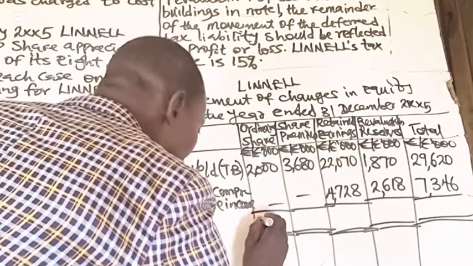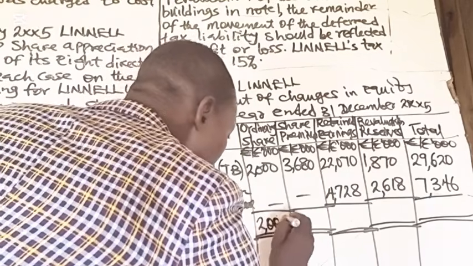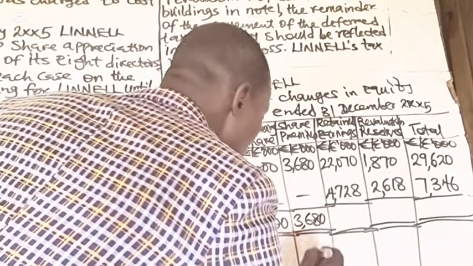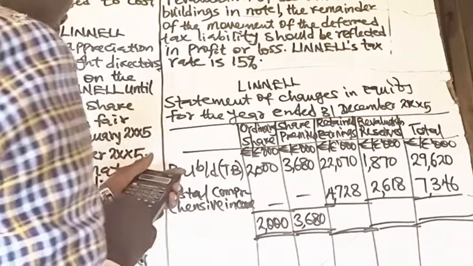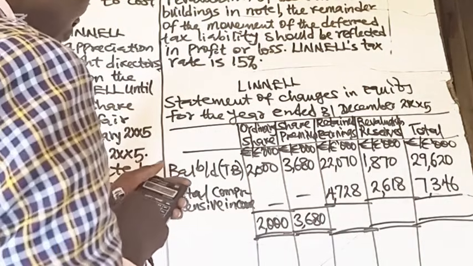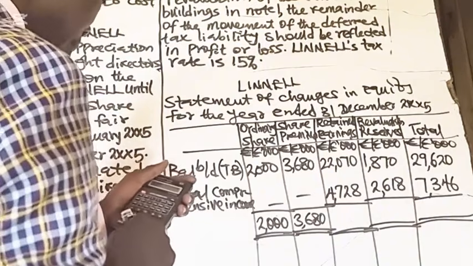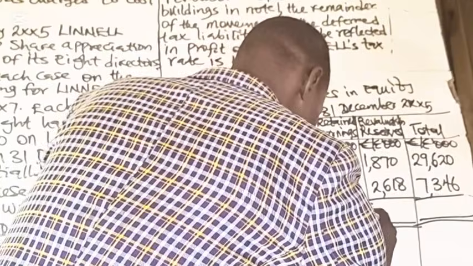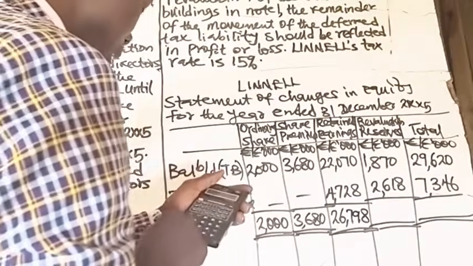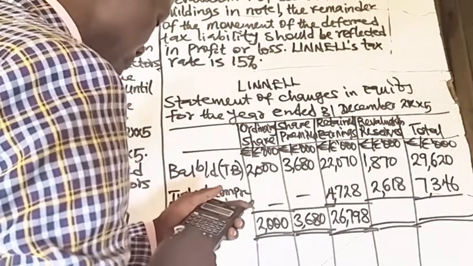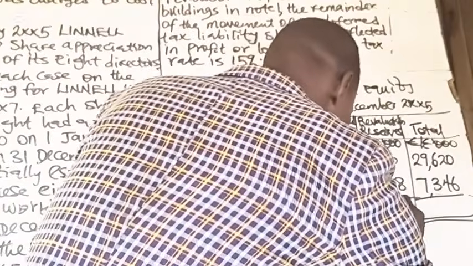So we can sum this up. So we have 2 million, 3,680,000. Then the sum of these 2 items, 22,070,000 plus 4,728,000, we have 26,798,000. Then 1,870 plus 2,618. This is total 4,488.